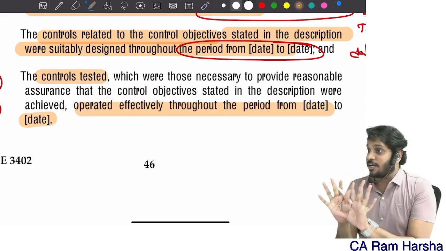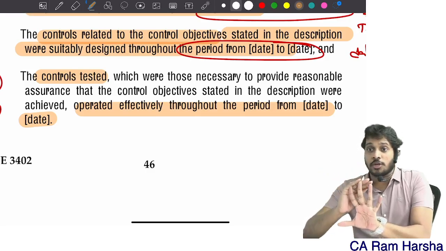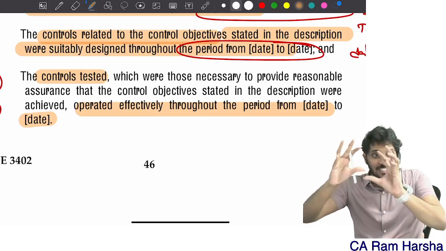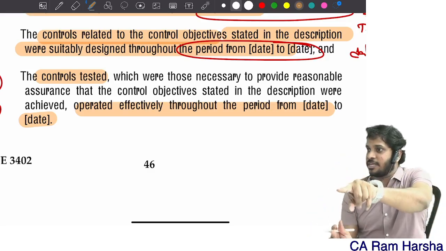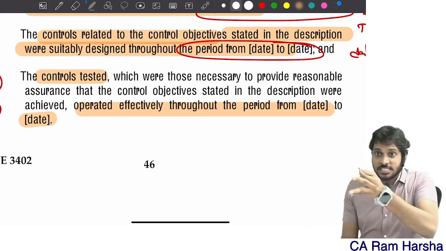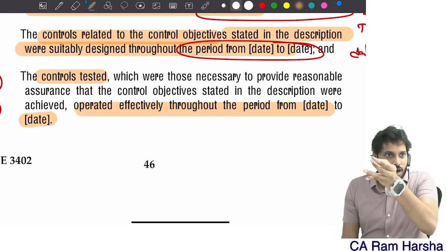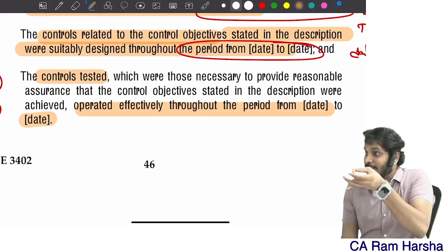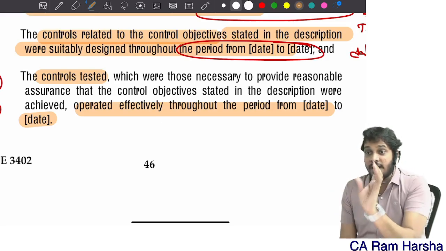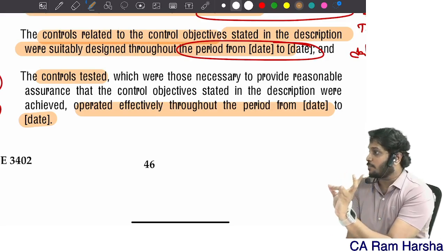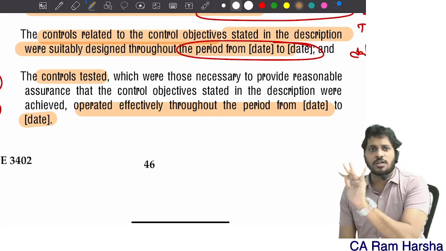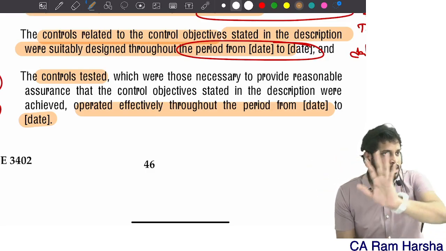So operating throughout the period, suitably designed throughout the period, system designed and implemented throughout the period. Three aspects: whether system designed and implemented throughout the period, control objectives and related controls are suitably designed throughout the period, and are they operating effectively throughout the period. This is what a type 2 audit report will contain.